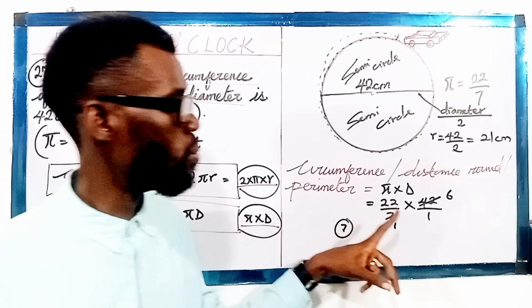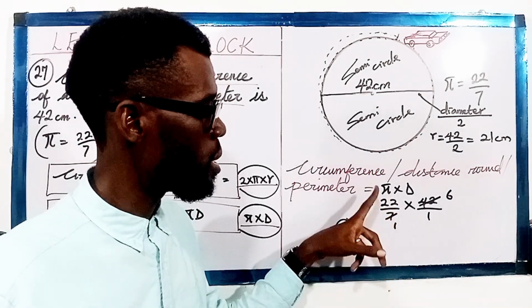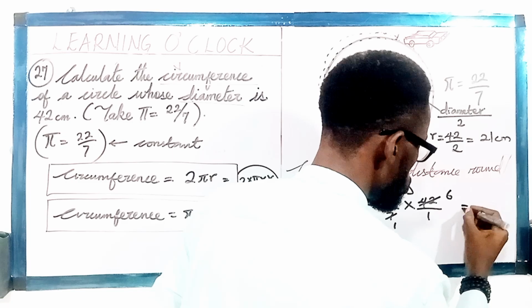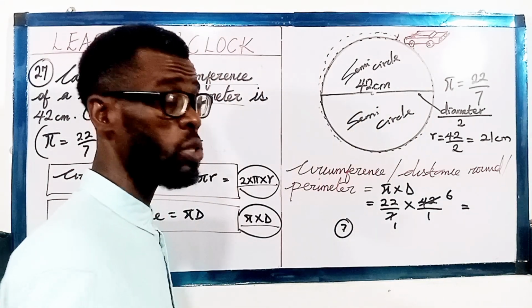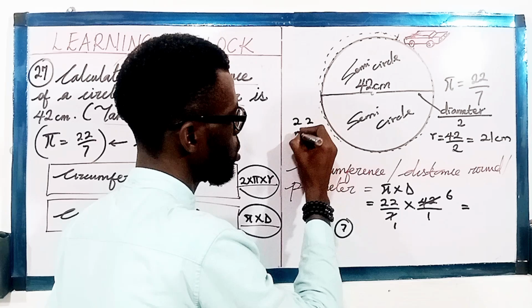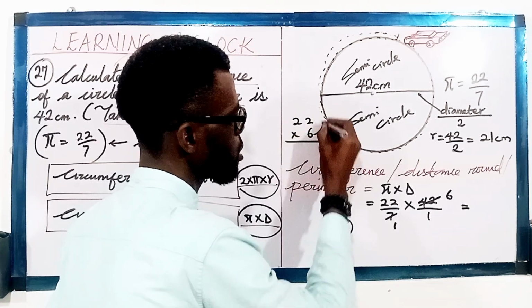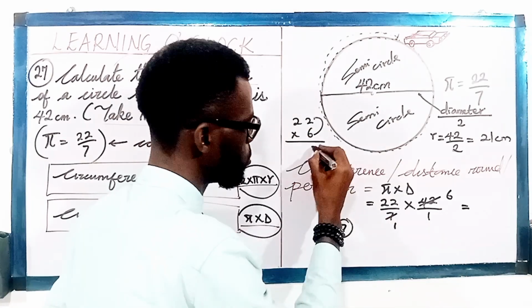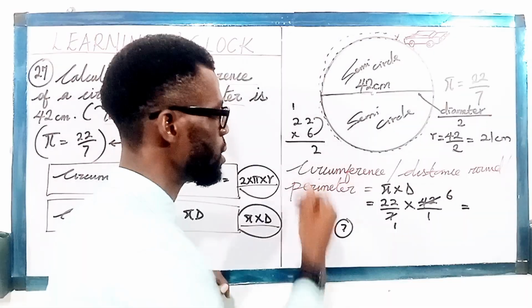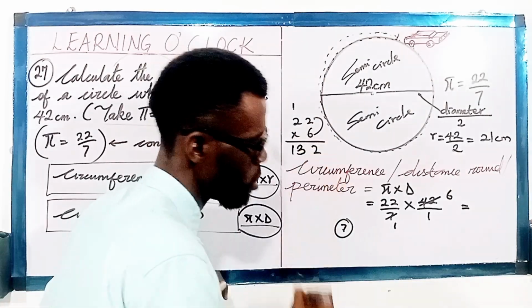So there we have 22 times 6. 6 times 2 is 12, write 2 and carry 1. 6 times 2 is 12 again, plus 1, then 132.